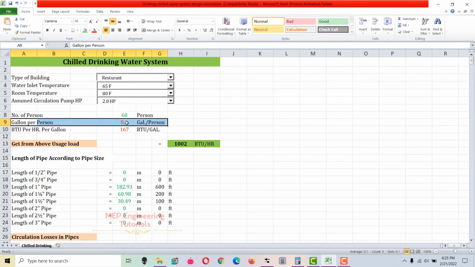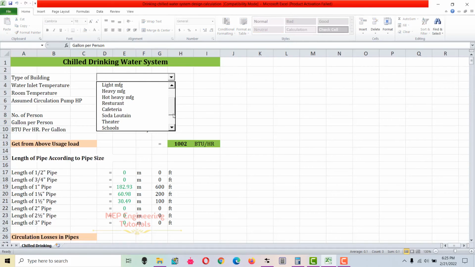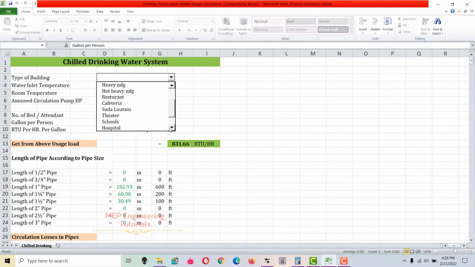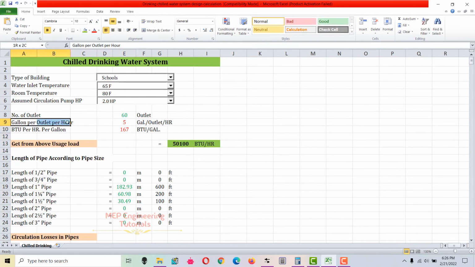So this value will be changed based on the type of the building. If I select the hospital, this value will be changed. So let's say I'm going to perform the calculation for a school building. If I change this to school, you can see that gallons per outlet per hour is 5 gallons.